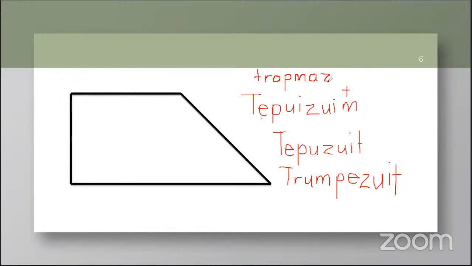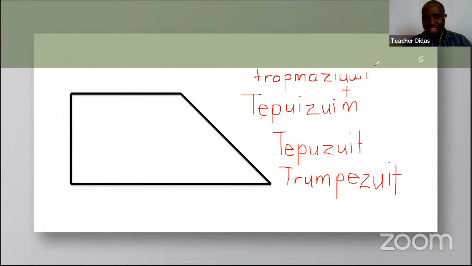Z, U. W-I-T. And what is this word here that you have given me, Mary? Read your word. Trapezoid.